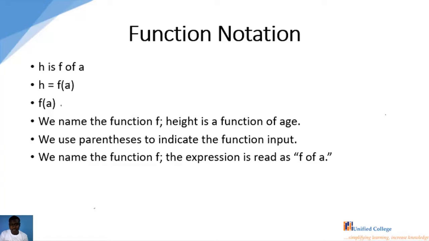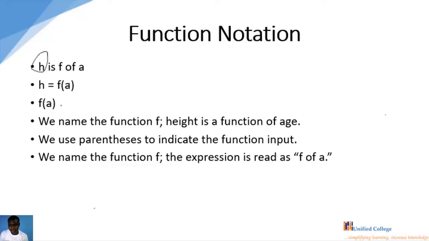Now, to represent height as a function of age, we start by identifying the descriptive variables. For instance, h is used to represent height.